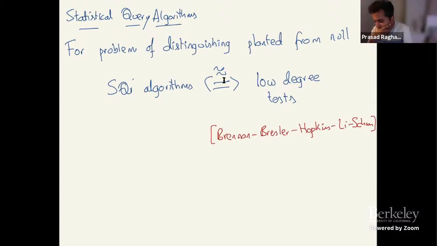Actually, we don't have a way to do it yet. Even the current technology for proving SOS lower bounds, one of the promising approaches is to construct a planted distribution and look at the problem of distinguishing the planted from the null distribution.